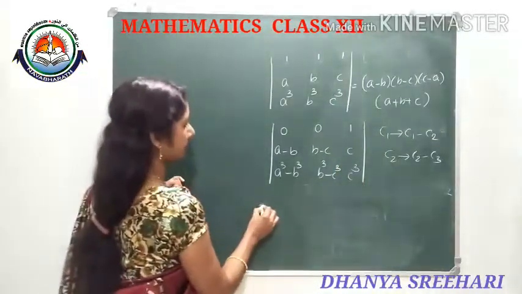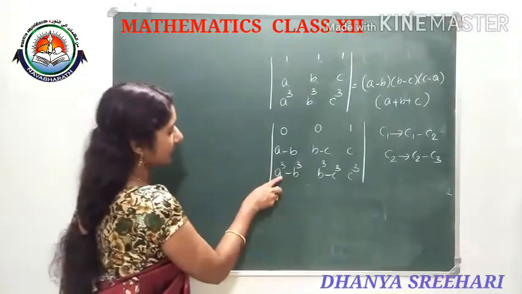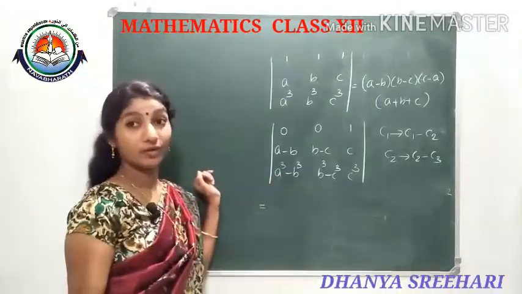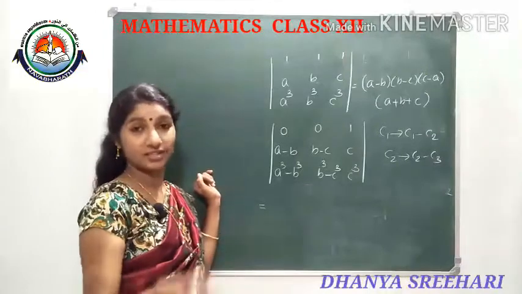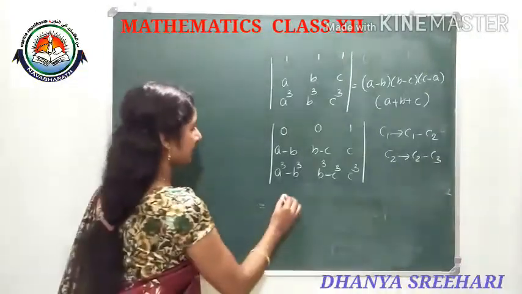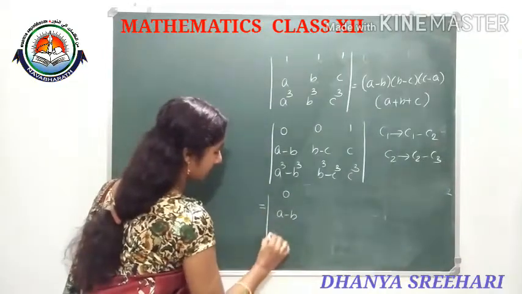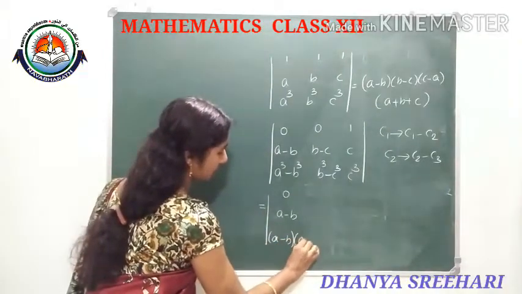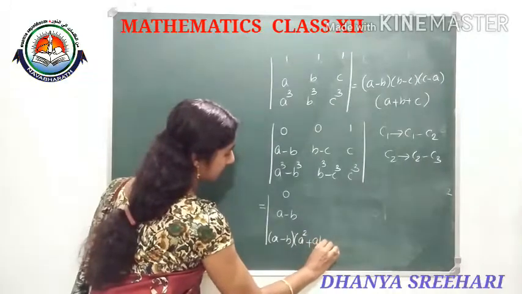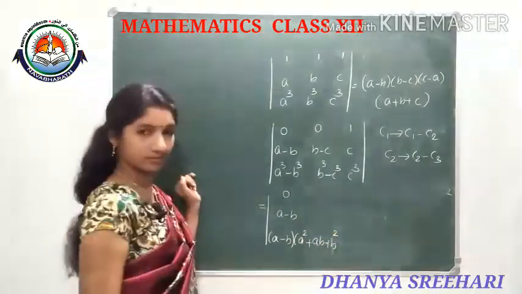Then it is equal to, see this one, this is a cube minus b cube. You know the factorization for a cube minus b cube: a cube minus b cube is a minus b into a square plus ab plus b square.